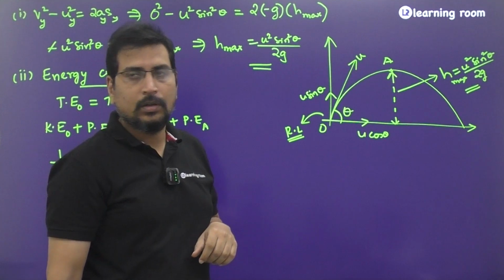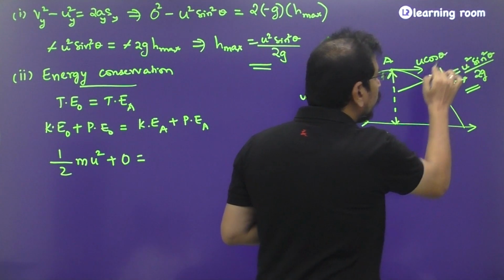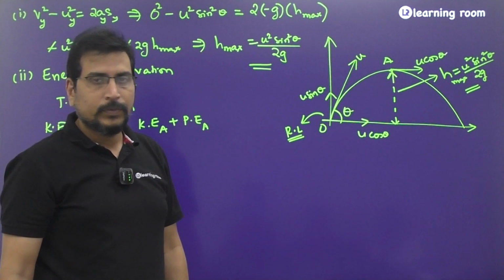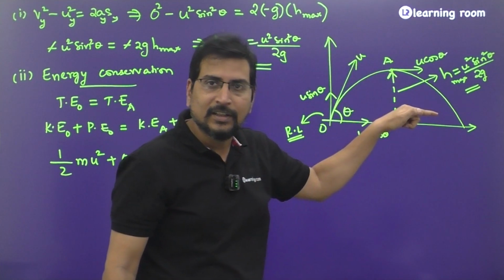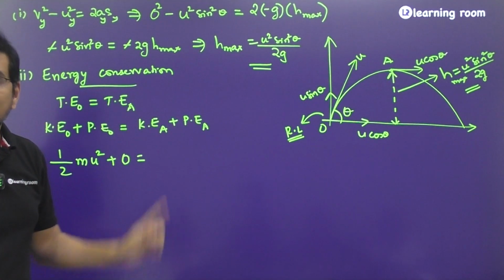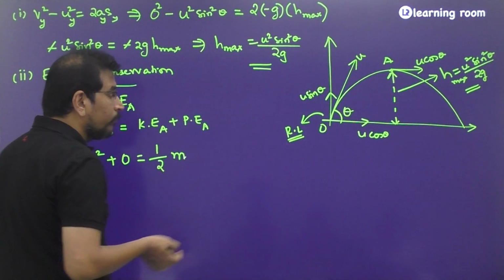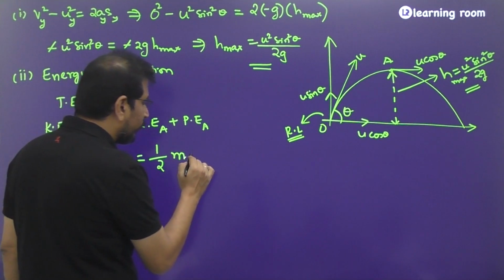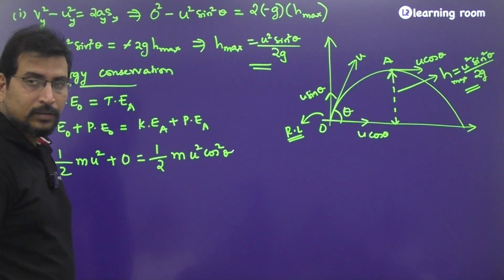The horizontal velocity is still u cos theta because that is constant everywhere; the object does not accelerate along the x direction. So this is half m u square cos square theta. Makes sense?